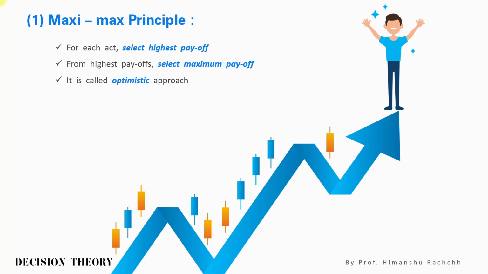In this method, first of all, for each act select the highest payoff. Now, from the highest payoffs we select the maximum payoff. So, this method is called Maximax principle. From maximum we select maximum. It is an optimistic approach.